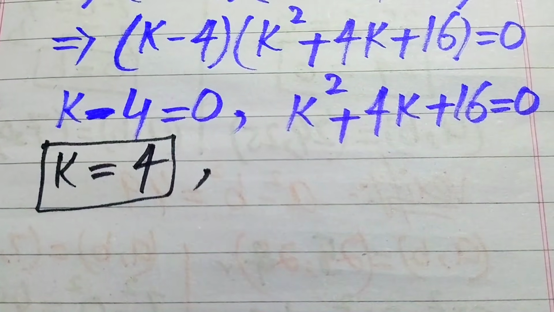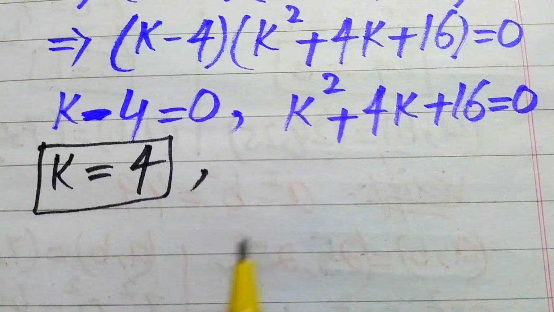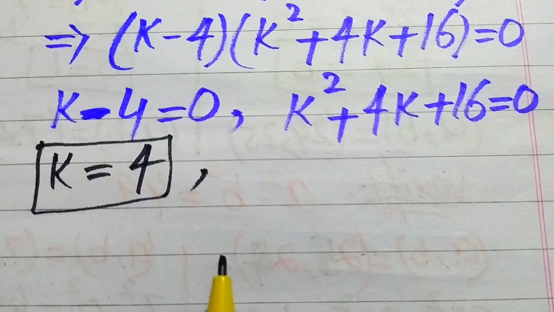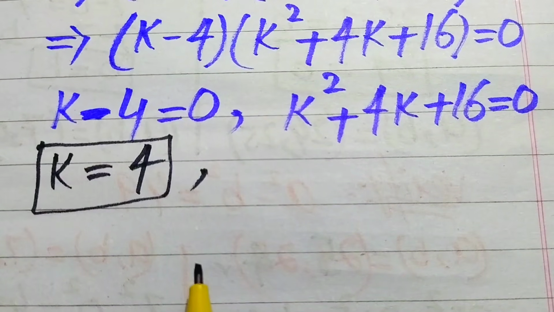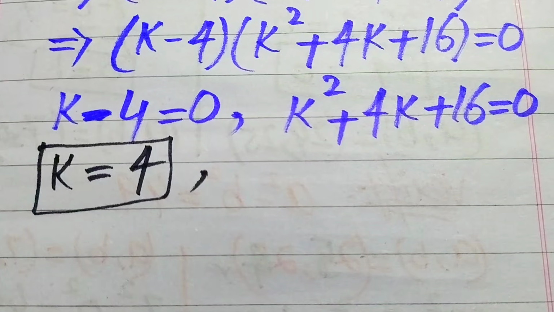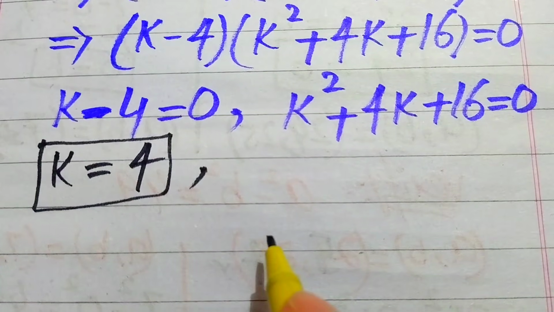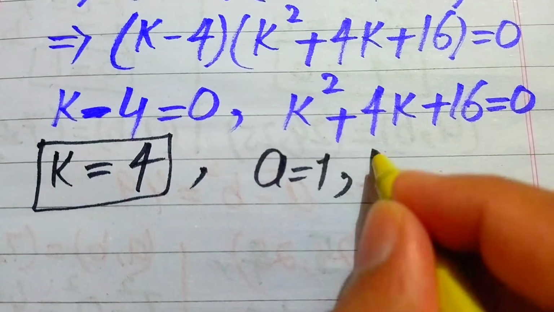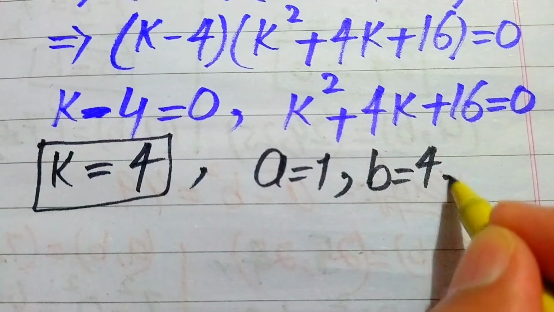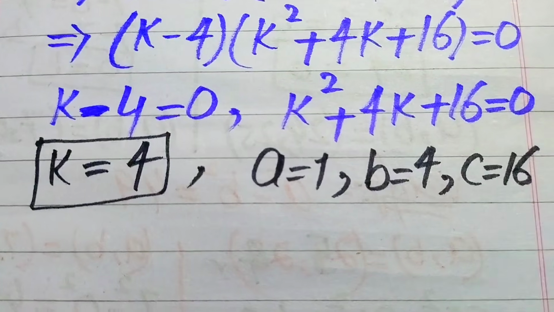Now you see that this is a quadratic equation, and you know we can solve it by three methods. The first method is factorization, the second is completing the square, and the third is applying the quadratic formula. Here we use the quadratic formula, and for this we write the coefficients of this equation: a is equal to 1, b is equal to 4, and c is equal to 16.